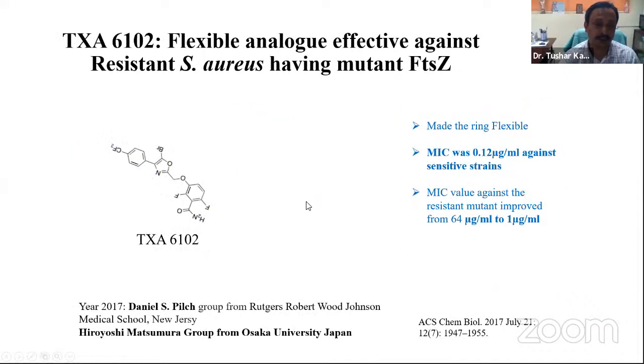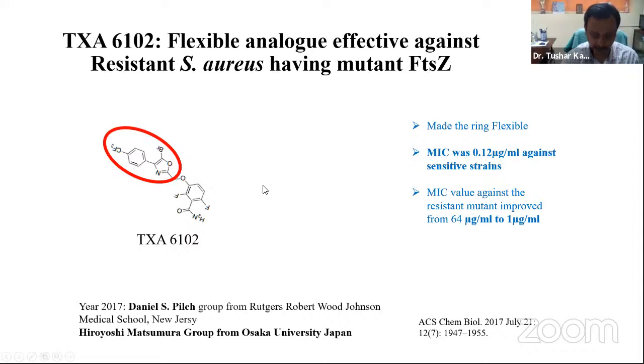The same group published this data in 2017. Here, I'm sorry for this figure; I had to make it in a similar way, that's why I just had to flip it. What they did was modify this part of the drug, so they made it flexible.